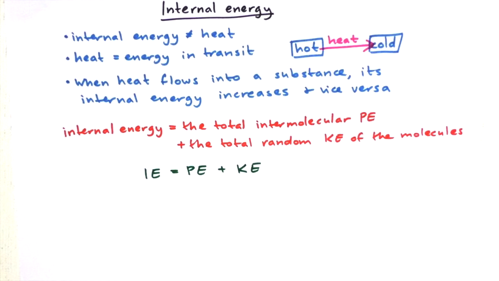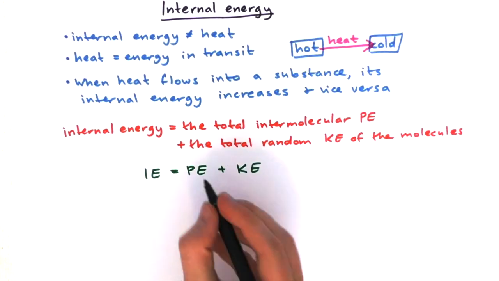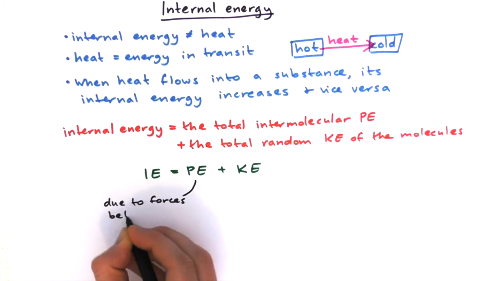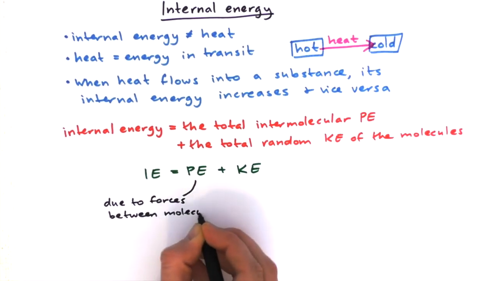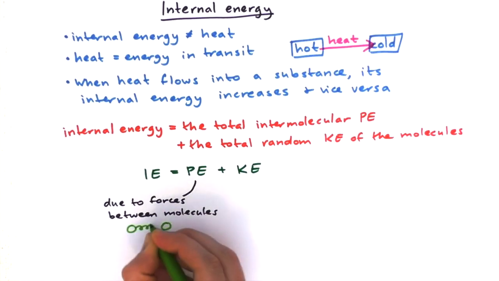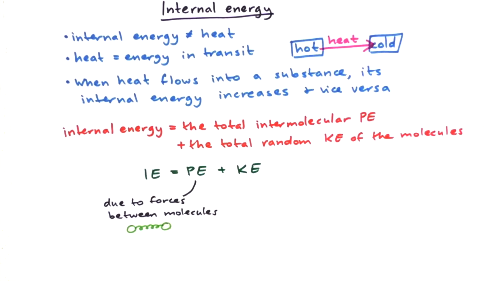And let's talk a bit about each of these two in turn. So first of all, the potential energy is due to the forces between the molecules. So you can think of two molecules as having a spring between them. And that means that if we want to separate the two molecules, pull them further apart, then we have to do work against the force of the spring.